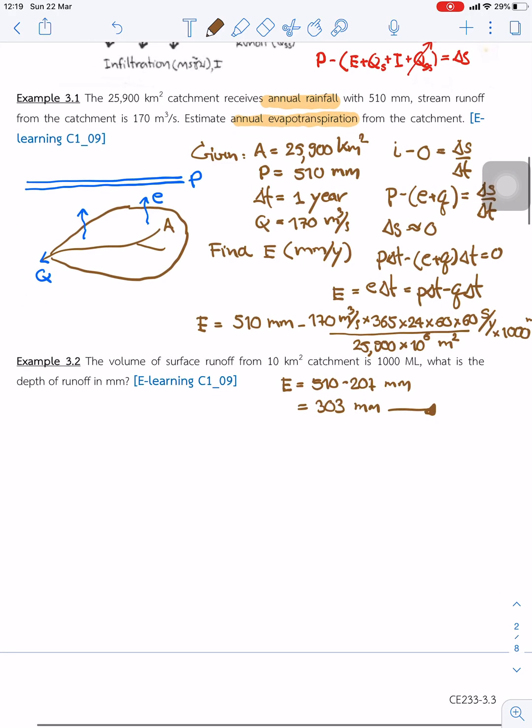For the second problem, the volume of the surface runoff from a 10 square kilometer catchment is 1,000 million liters. What is the depth of the runoff in millimeters? Okay. So in this case, we can write Q. The unit of Q is 1,000 million liters.